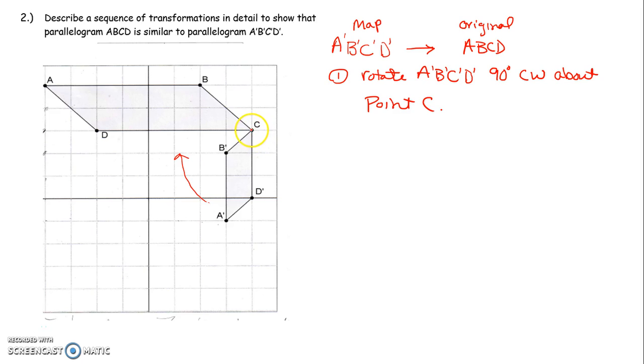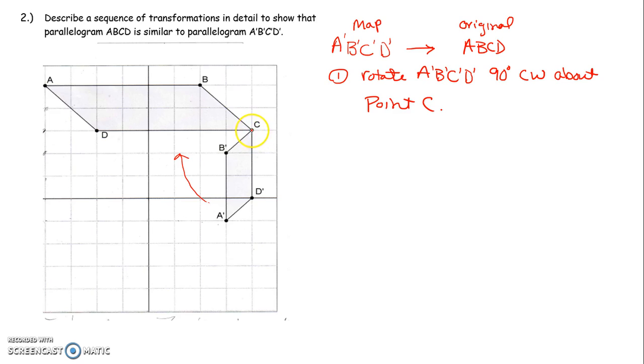You can see that this hinges and it doesn't move, so I'm going to go ahead and sweep that up. If I rotate this 90 degrees clockwise about C, D is going to land up here. It's a rigid motion, so I know my side lengths will stay the same.